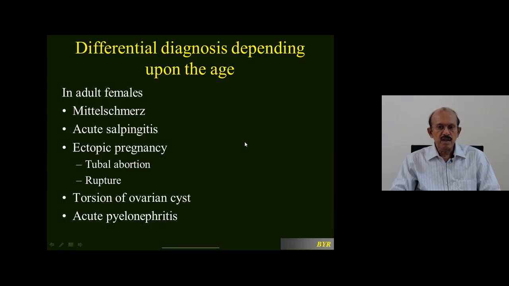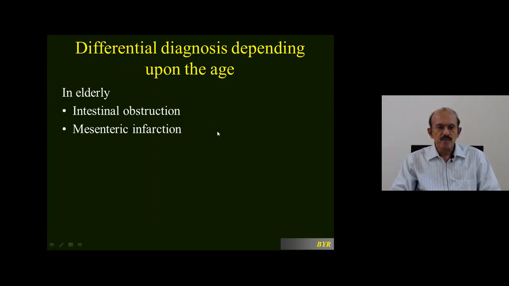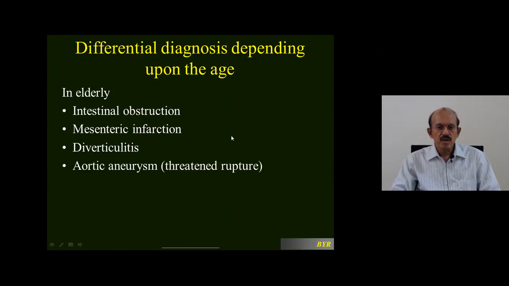These are the things to be considered in adult females. In the elderly: intestinal obstruction, mesenteric infarction or acute mesenteric ischemia, diverticulitis, aortic aneurysm with threatened rupture. These are the differential diagnoses to be considered depending upon the age.